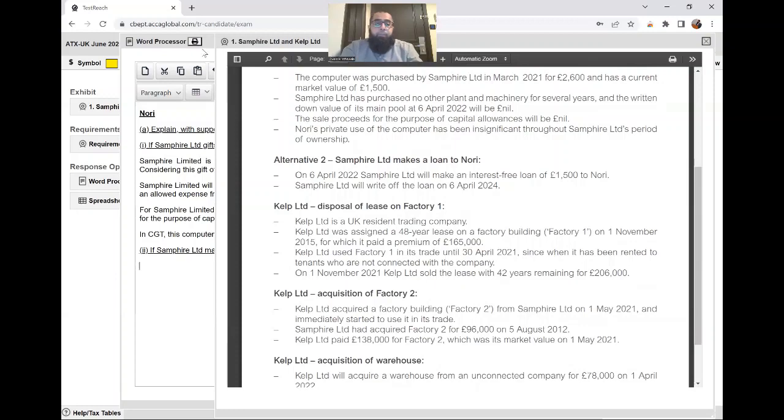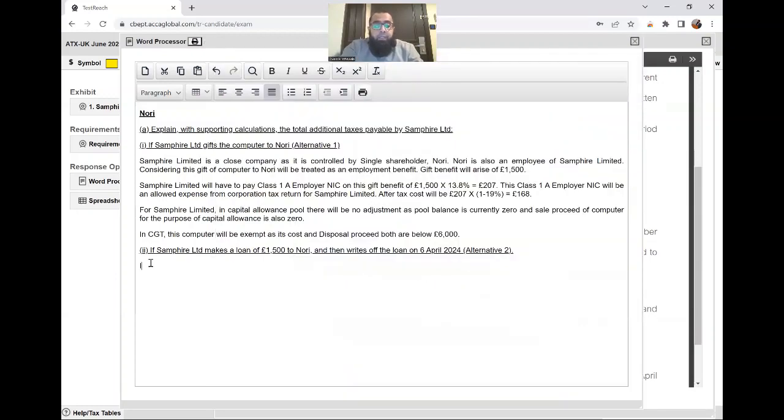Now let's look at it. If Sapphire Limited will give a loan to Nuri, it will be a loan by a closed company to its shareholder. It will give rise to a notional tax at the rate of 32.5% on the amount of outstanding loan at year end.